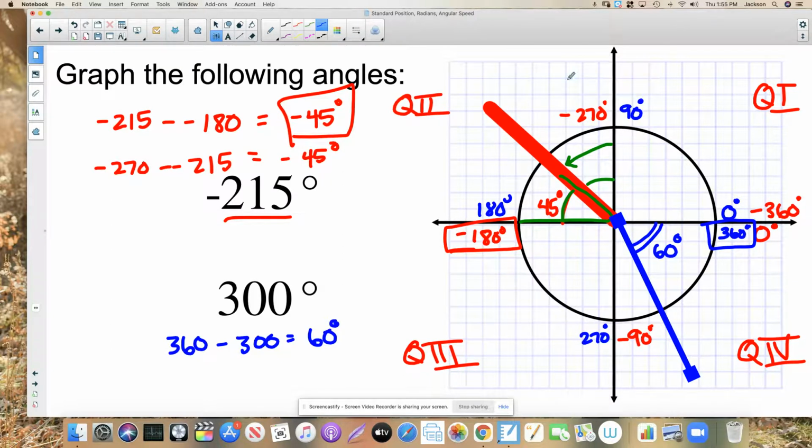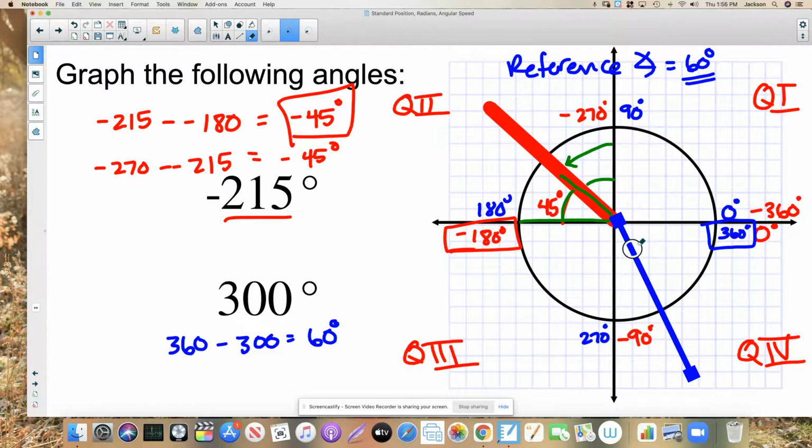The reference angle, and I'll write this down because I've said it a bunch of times at this point, is 60 degrees. Always positive. Now, to confuse you even more, if I drew this blue line here and I said, what's the reference angle for this? You would say it's 60 degrees. But if I said, what's the measure of this angle?